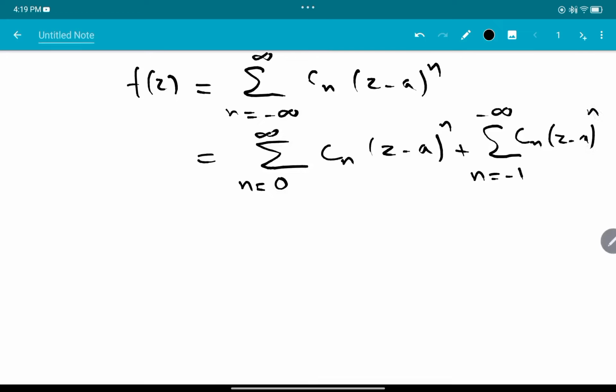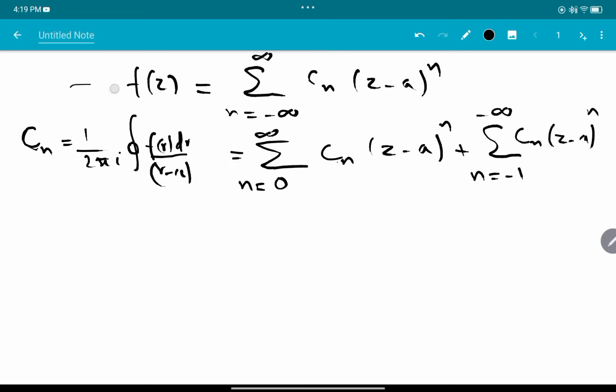Now this c_n, I will write its value here. c_n is 1 by 2 pi i, the integral of f(gamma) d gamma divided by (gamma minus a) raised to n plus 1.